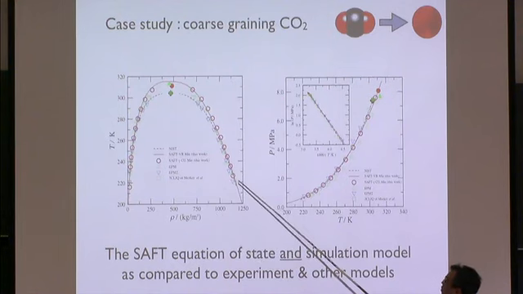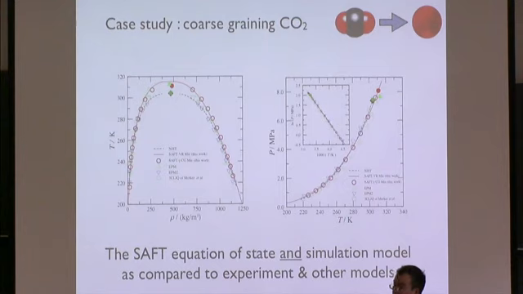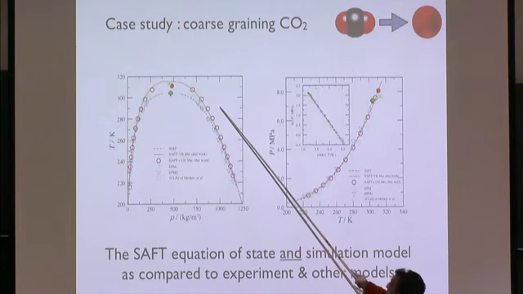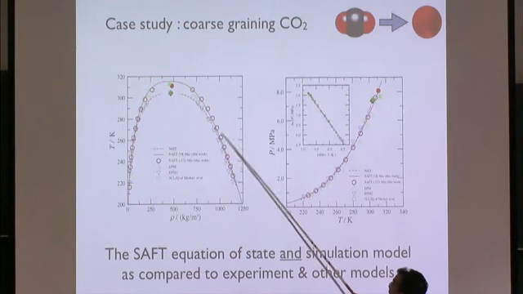For example, this is the EPM2 model and several other models which are the standard, fully atomistic, very detailed models. The red is SAFT. The solid line is the theory, so that's a theory we fit. And the symbols are our Monte Carlo simulations for that particular set of potential parameters.